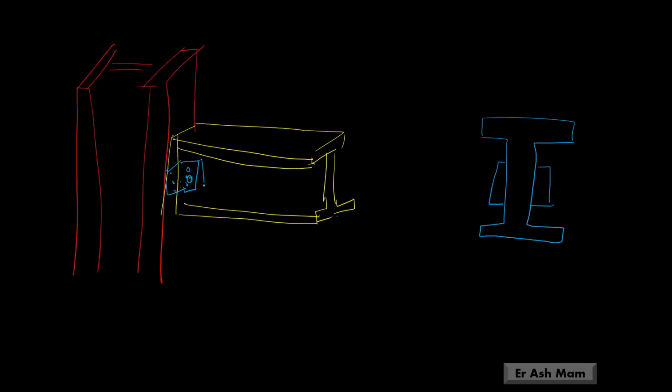At this side, one plate, this web is the second plate, and at the other side, one more plate is there. So there are three plates, 1, 2, 3, and bolts will be here.